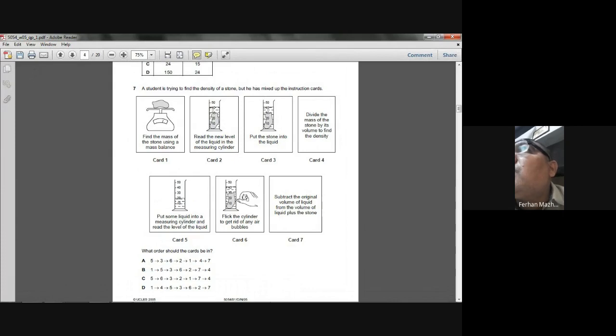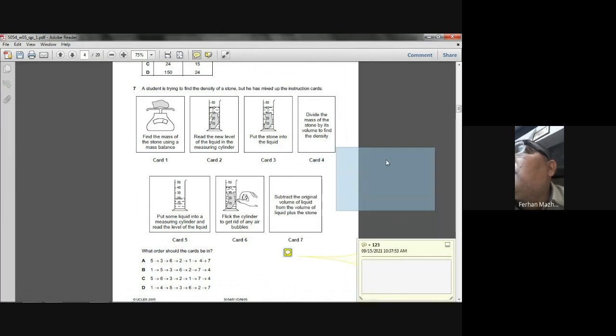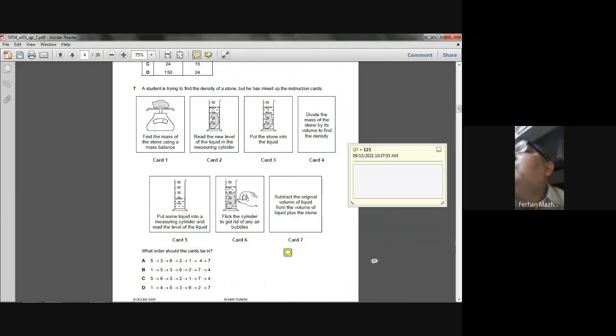First of all, I think I should do 1, which means find the mass of the stone using a balance. Then I should take a measuring cylinder and put some water in it. So then I should take 5.